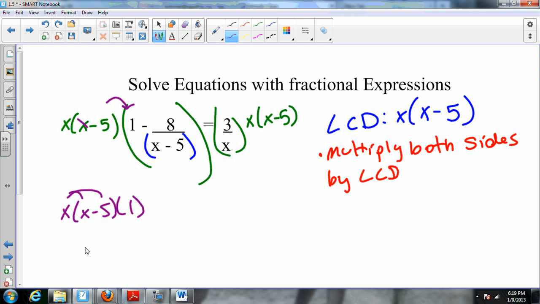Distribute the x, that goes to x squared minus 5x, and times 1 doesn't do anything. Next term, we multiply it to the negative 8, just take the negative with it, over x minus 5.